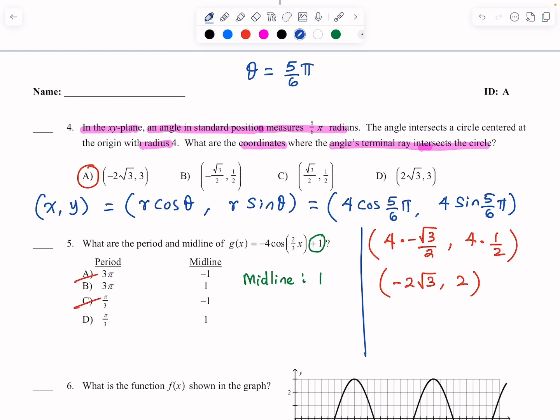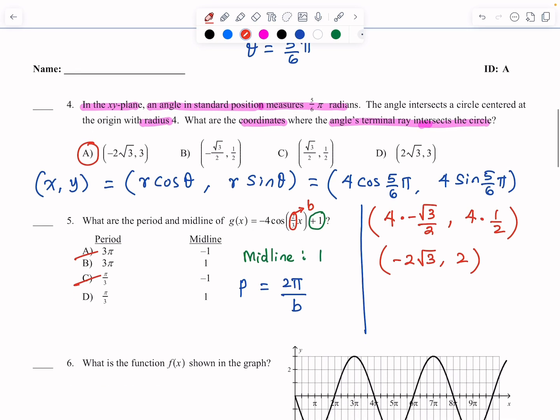Now the next thing I have to do is to find the period. To find the period, there is a formula, and that formula is period equals 2 pi divided by b. And now in this case, what is my b? Right here is my b.